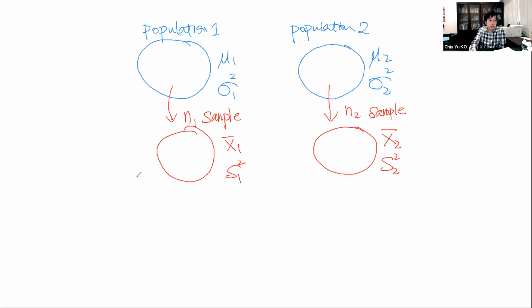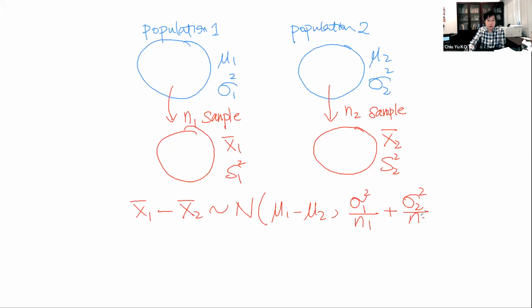By the central limit theorem, this is going to be a normal distribution with mean mu1 minus mu2 and variance sigma 1 squared over n1 plus sigma 2 squared over n2.